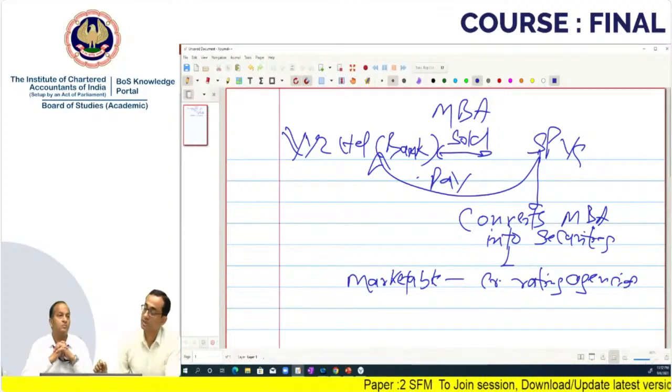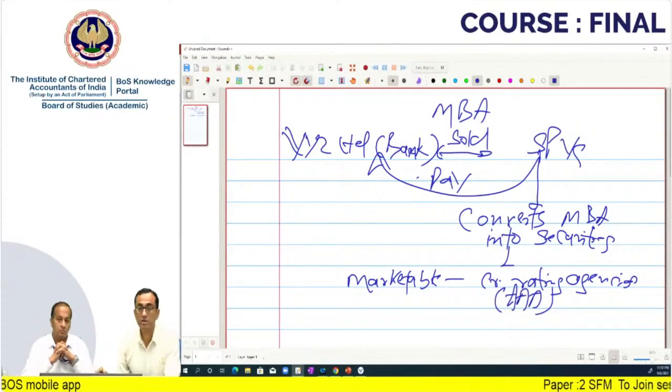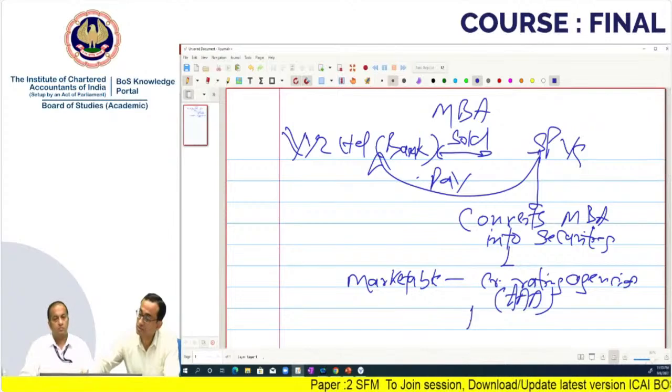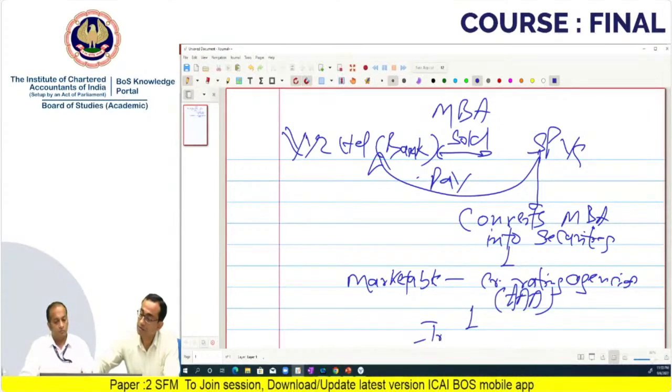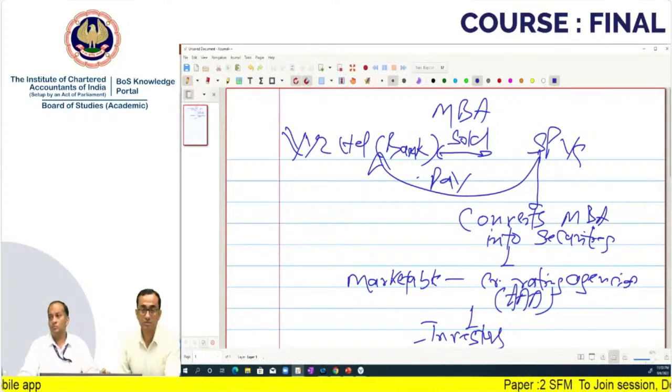For example, the securities got a AAA credit rating, so the securities have been made marketable. Then they are issued to the investors. This is the simple concept of securitization.